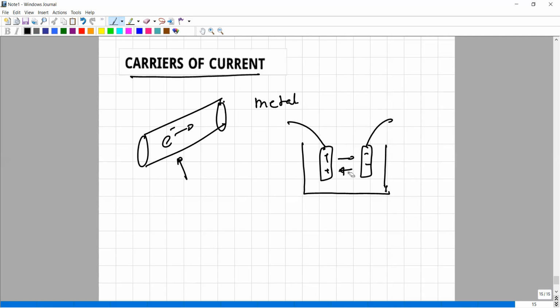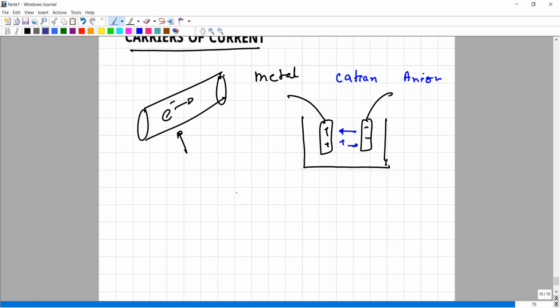A negative charge will move towards the positive plate, and a positive charge moves towards the negative plate. So both of them are moving. So here you will say that the cation and anion both are carriers of current.